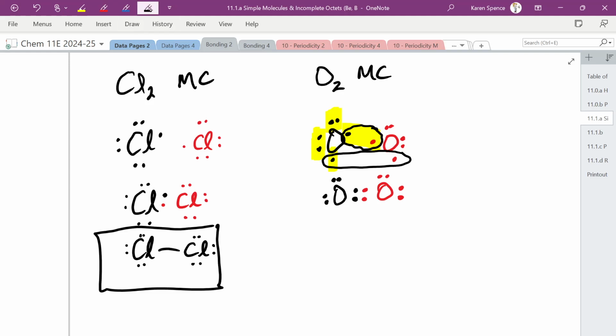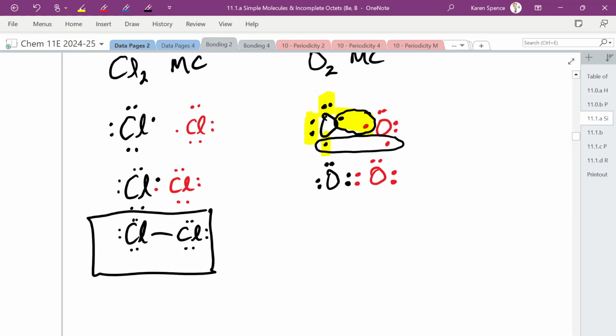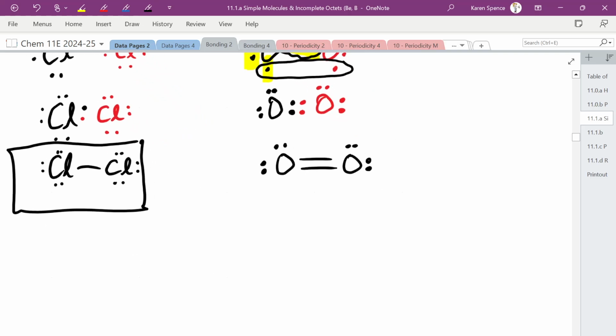And if we replace those dots in the middle with lines, how many lines will we have in the middle? 2. What kind of bond is that? That is a double bond. Now that is a perfectly good Lewis structure for O2.